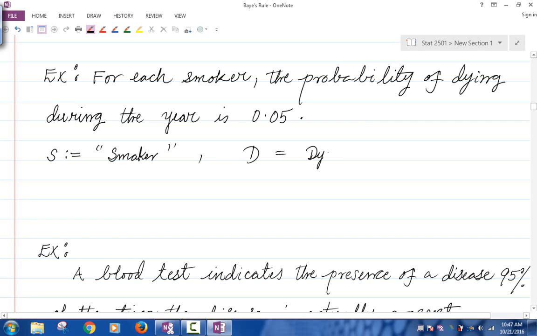So here we are given the probability that someone will die given that he or she is a smoker, and that's 0.05.